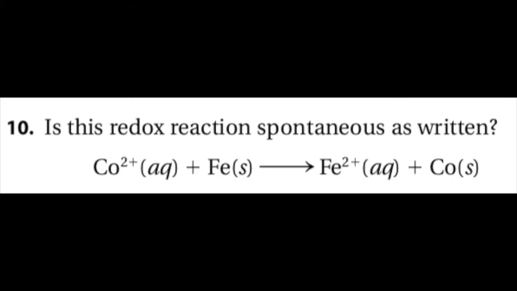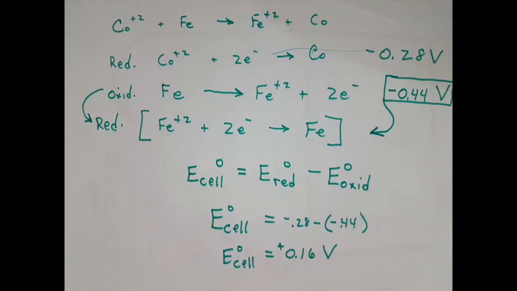Okay, and those are your reduction potentials. Now, just remember that the iron is going to be oxidized. So you've got to put them in the formula correctly, so that the E naught cell equals E naught red minus E naught oxy.